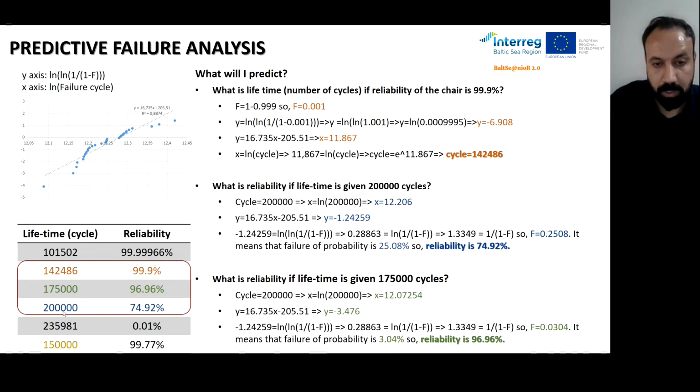It should be given in this way. In this example, we gave our data in cycles. That's why we measured our lifetime as number of cycles, and based on that, we can set the reliability of the construction, the reliability of the product, or any product.